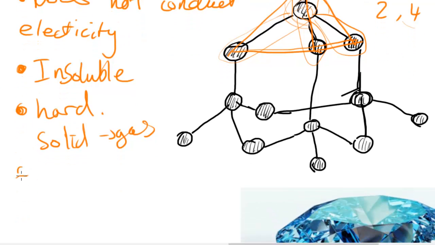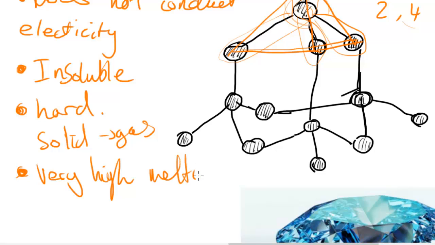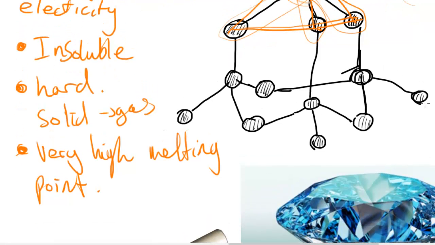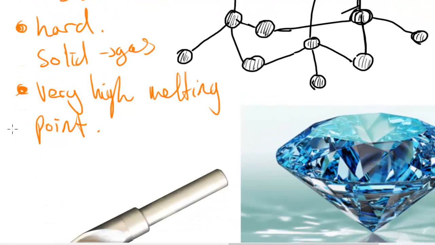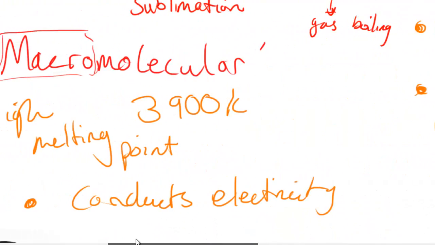So the main point here that I want to make is that it has a very high melting point. And the melting point of this diamond is around 3,800 Kelvin.